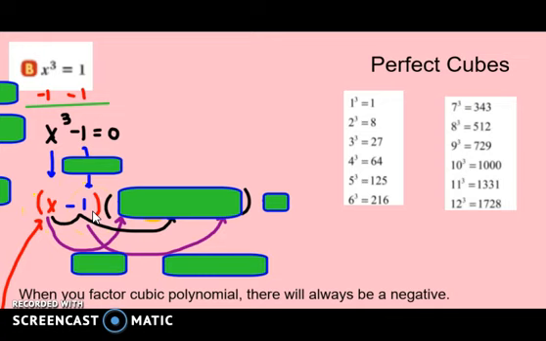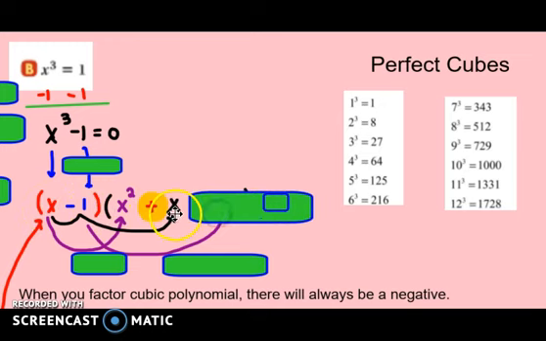To get the trinomial, I am going to take my first term right here, x, and square it, x squared. To get my middle term, I take my binomial terms and multiply them together. x times 1 is x. And then I take my last term and square it, which is 1.